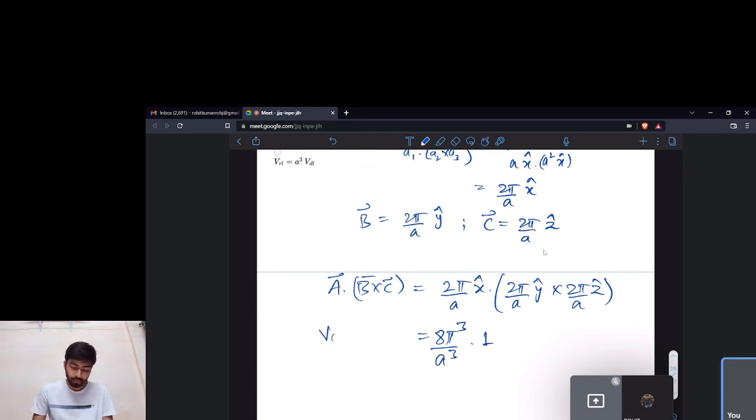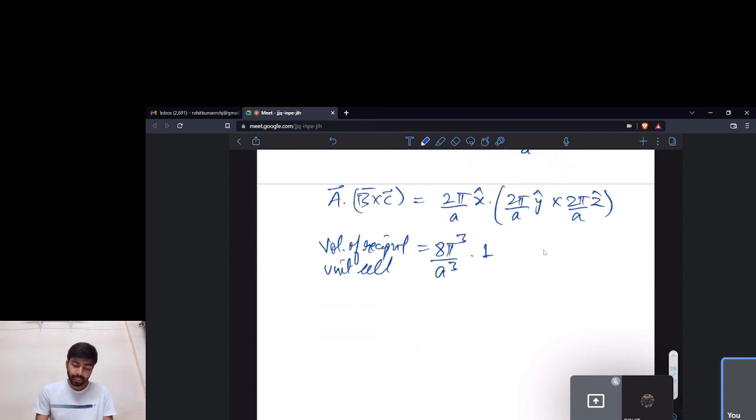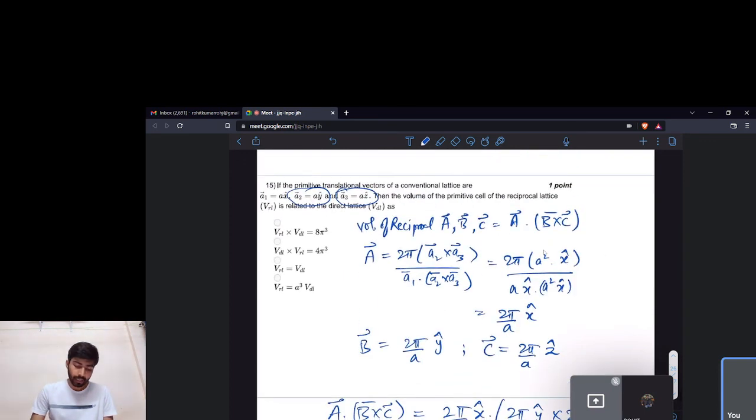Here we have the volume of the reciprocal unit cell, and this a cube down is nothing but the volume of the real unit cell. DL is the direct lattice or the real lattice, and RL is the reciprocal lattice.